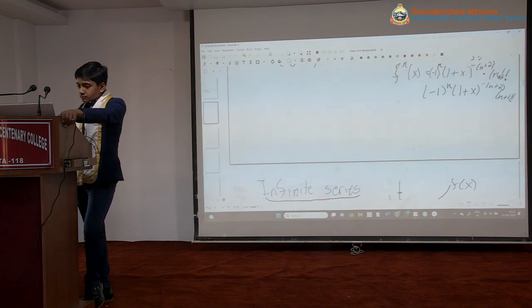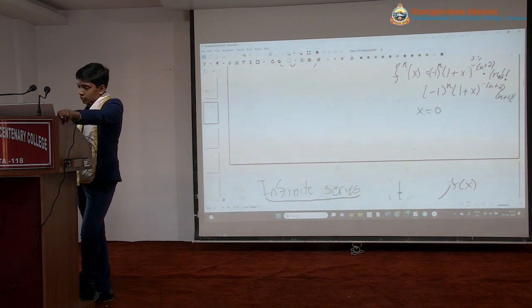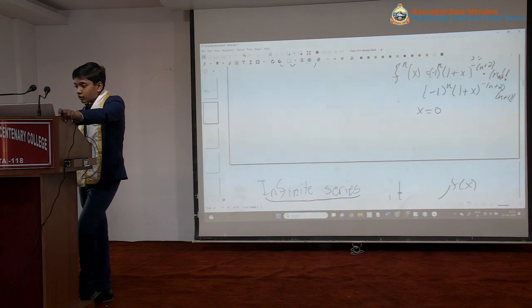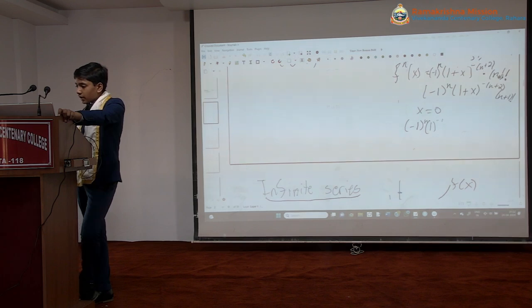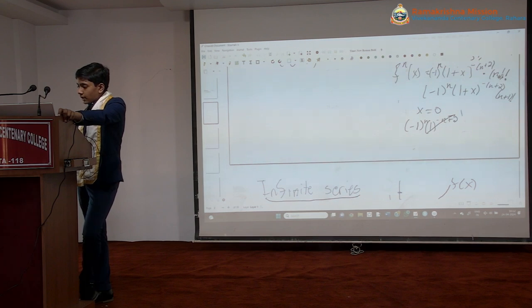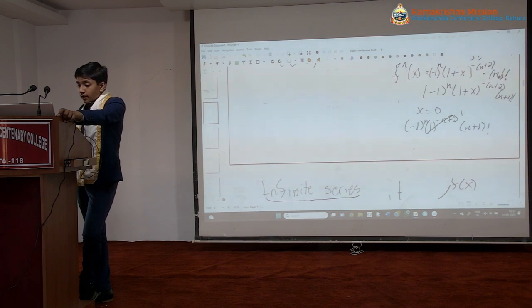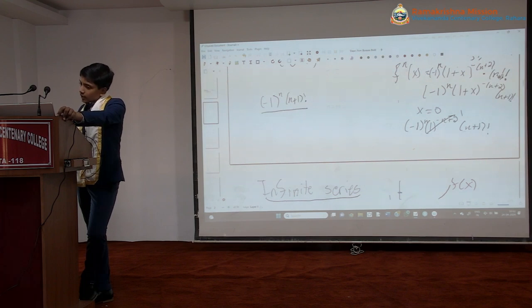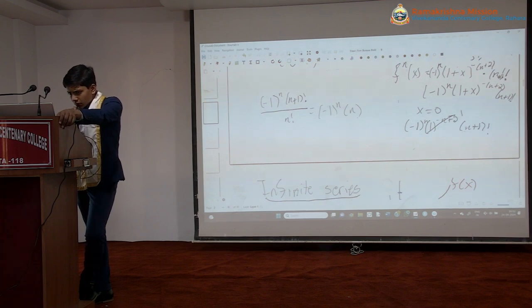So now, once we plug in x equals 0, because that's what the expansion is centered around, we get (minus 1)^n times (1)^(minus (n plus 2)), which is just 1, and then (n plus 1) factorial. So we get (minus 1)^n times (n plus 1) factorial divided by n factorial. So what does that give us? (Minus 1)^n times n.